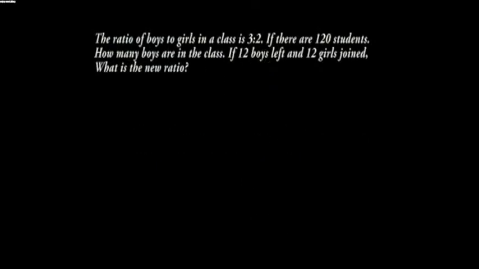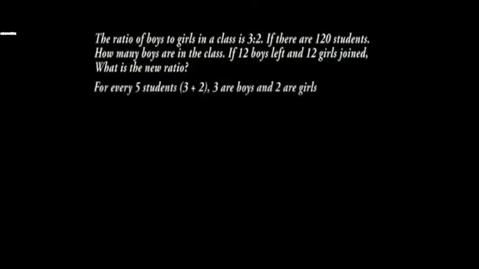The ratio of boys to girls in a class is 3:2. If there are 120 students, how many boys are in that class? And if 12 boys left and 12 girls joined, what is the new ratio? In our solution, for every 5 students, 3 are boys and 2 are girls.